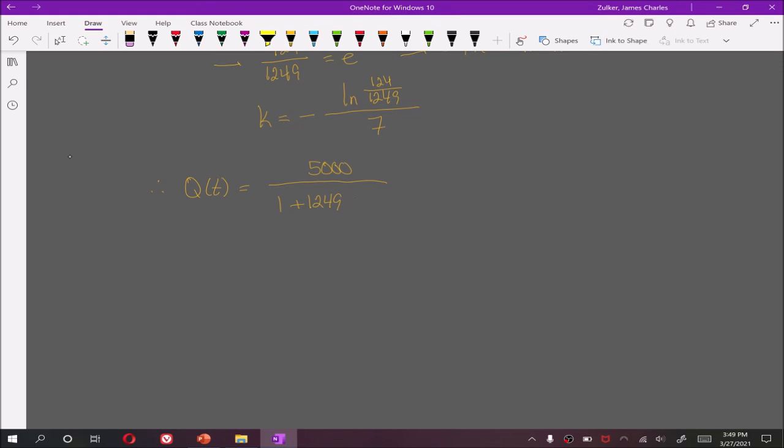What I'm going to do is simplify this. I'm going to use this notation here. Exp of x is the exponential function e to the x. And write exp of negative log of 124 over 1249 divided by 7, all times t.